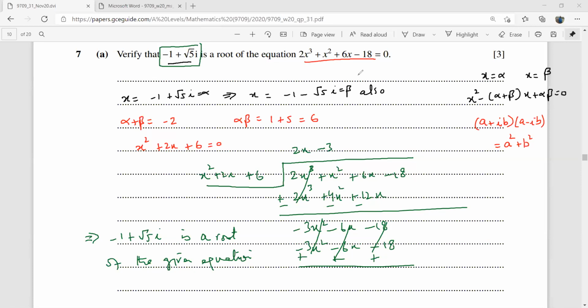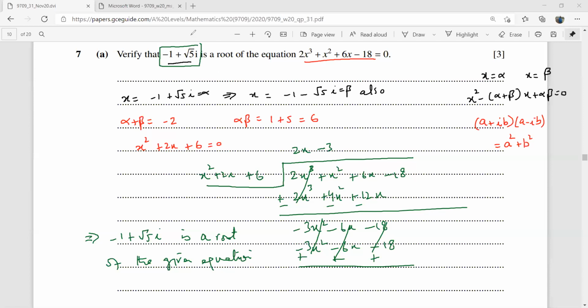So the choice is yours. If you think that this one is lengthier working, then you can simply substitute. The straight away method is that you simply substitute this into this. But a bit smarter way is that you can avoid using all those binomial expansions and iota cube and iota square and all that. So many simplifications can be avoided if you use this method.